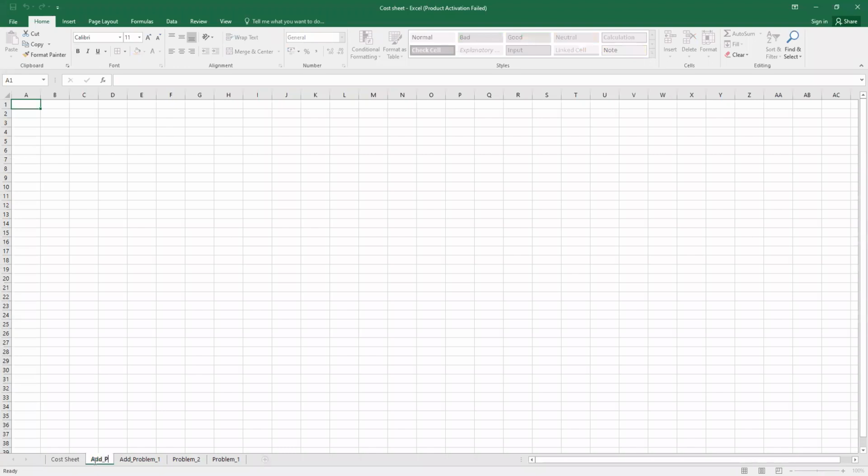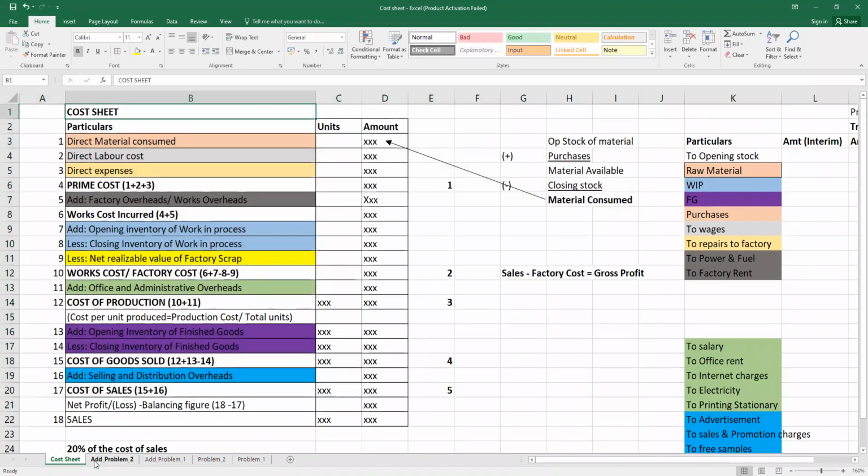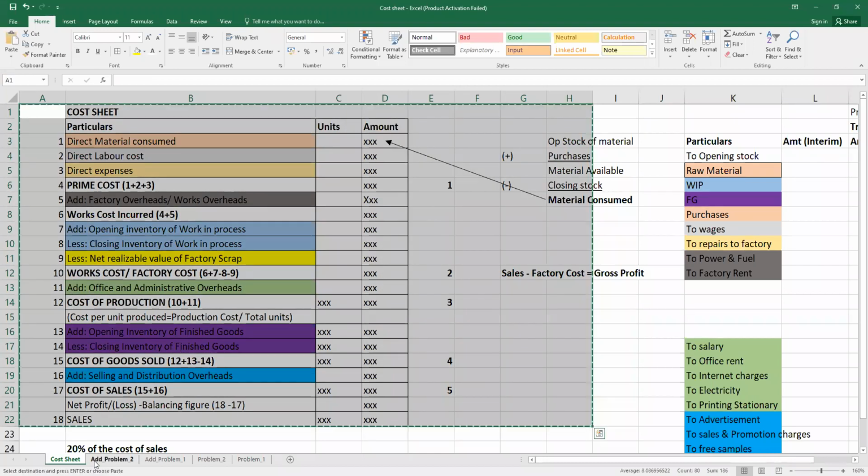Additional problem 2. Now here also I'm going to copy the proforma.